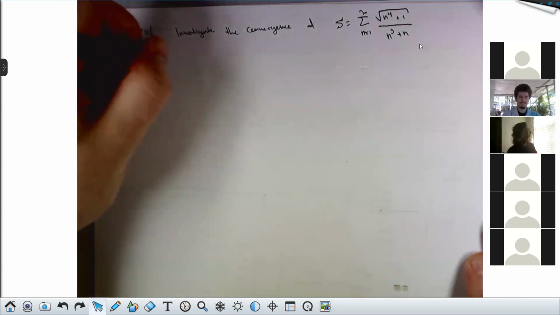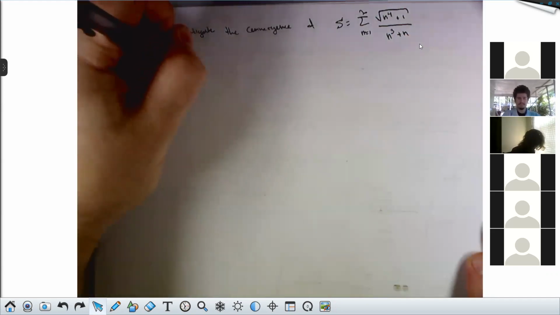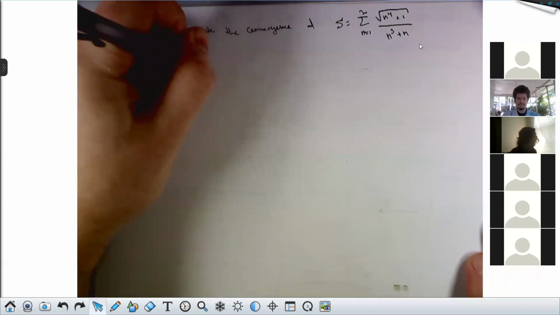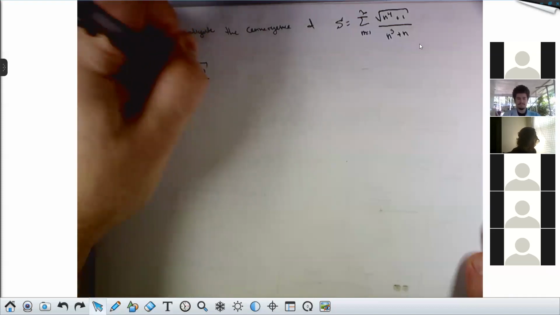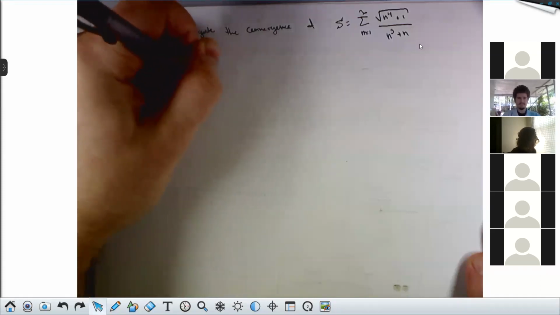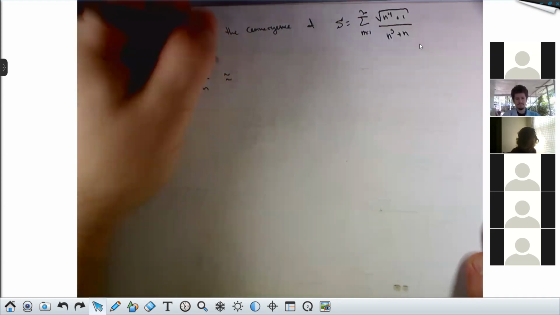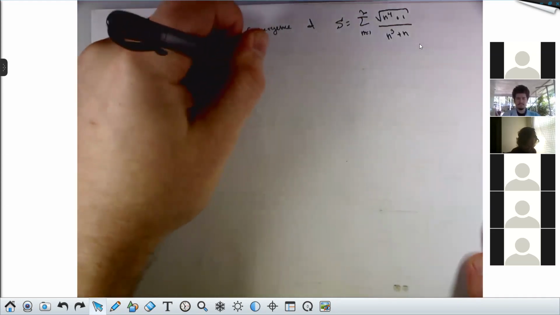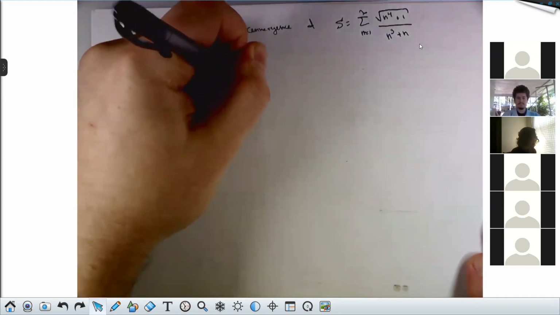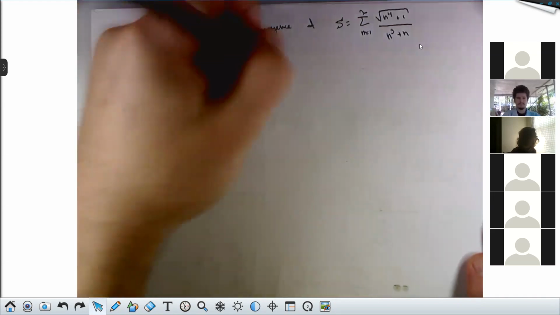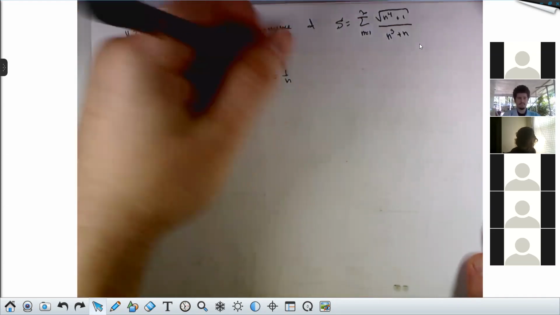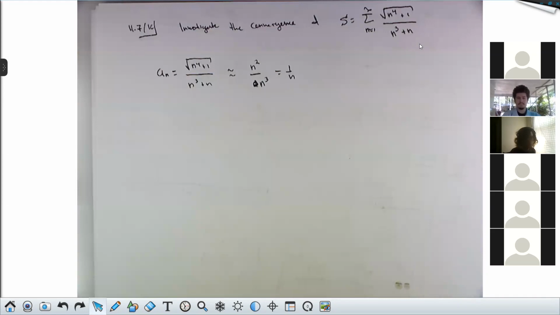We notice that the a_n's here kind of grow at the speed of n squared over n cubed, which would be 1 over n. So I could certainly do a limit comparison with 1 over n. That would be a reasonable attack.